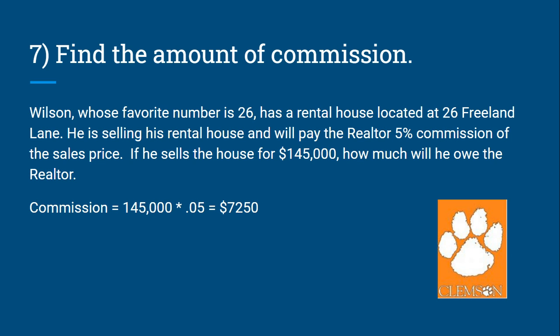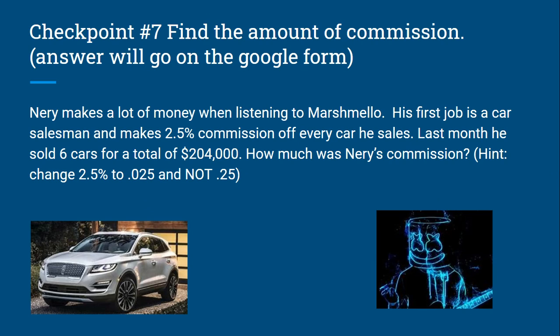So that's what Wilson will pay to that realtor. All right, you try checkpoint number 7, and you're going to do this problem on a separate sheet of paper and record your answer in the Google form, and make sure that you read the hint on this problem very carefully.